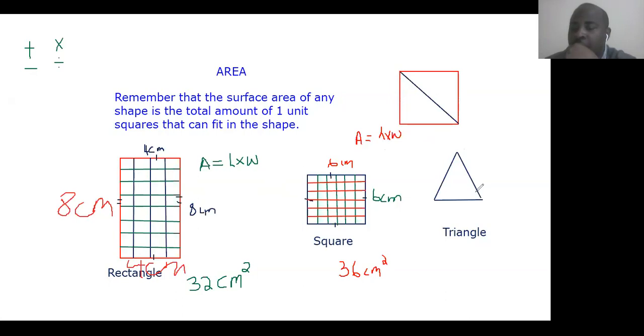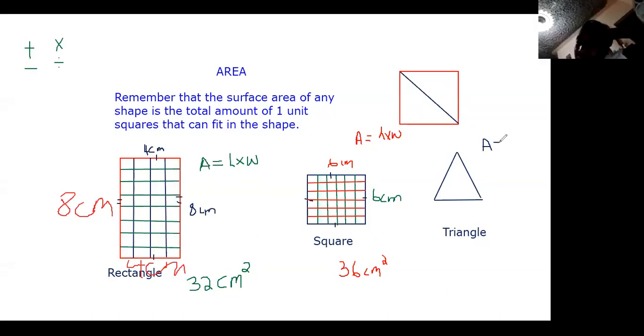If one triangle is half the area of a square, what would be the formula to calculate the area? Just tell me half what. Half. Area is the same as what?